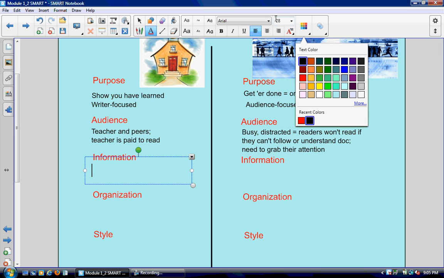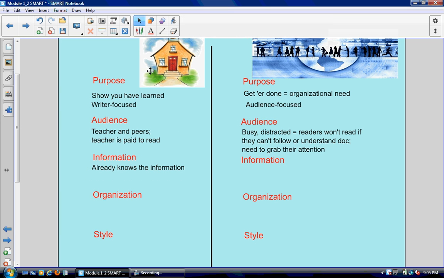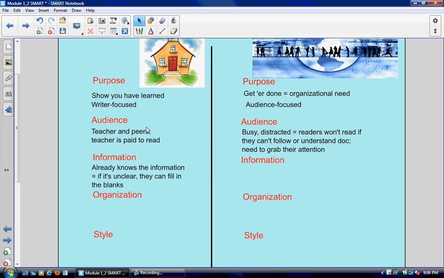Related to that clarity is the fact that in school, you're writing to an audience who already knows the information, right? You're writing to your teacher or to your peers who have read the same textbook. They're familiar with what you are presenting. And so what that means is that if it's unclear, they can fill in the blanks. However, in a business writing situation, that is not going to be true at all.